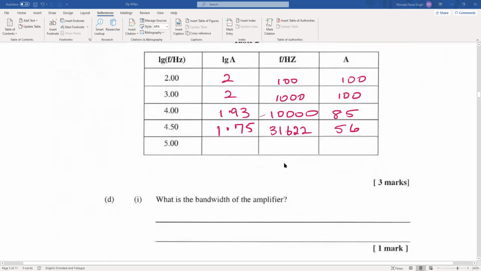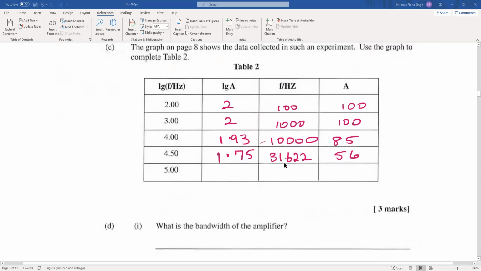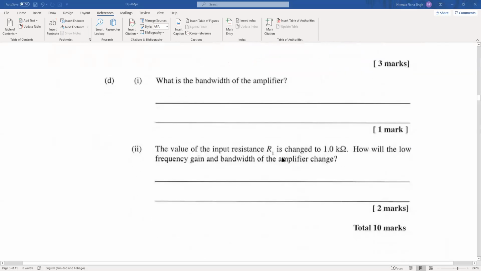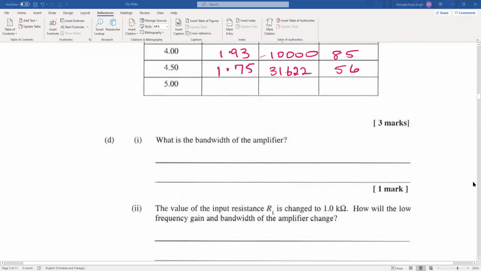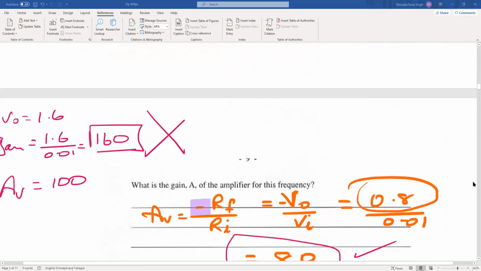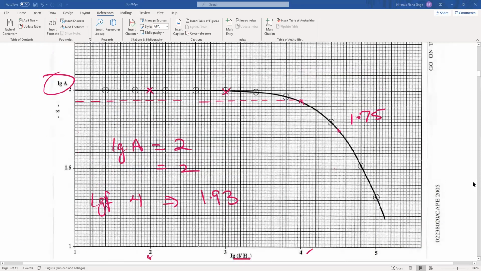So you want to find the bandwidth of the amplifier. How do you find the bandwidth of your amplifier? For 1 mark, you look at your maximum gain, which is 2.